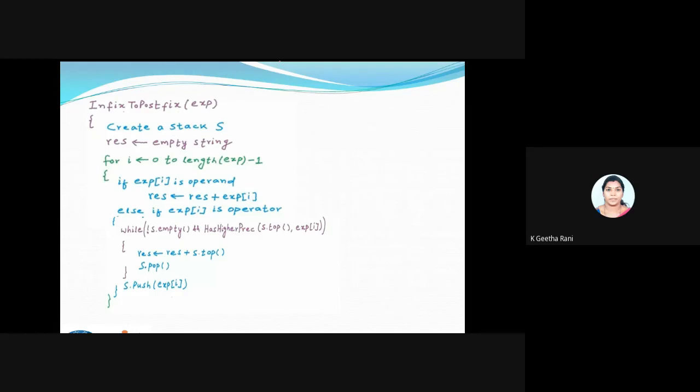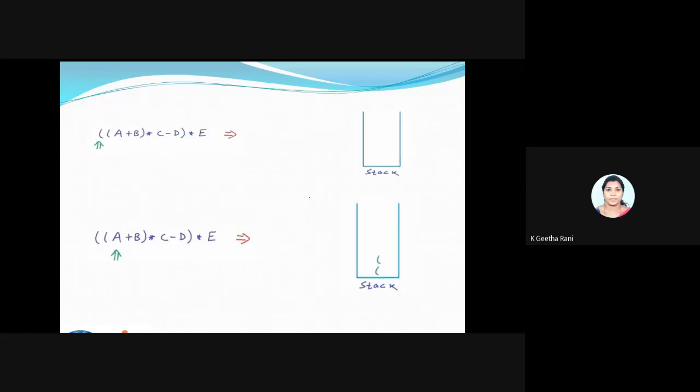So here I'm having the pseudocode. I'll be using infix to postfix as a function here. For my function I'm passing my expression. Assume the expression will have all the operators, strings, and all those things. Then I'm going to create a stack.